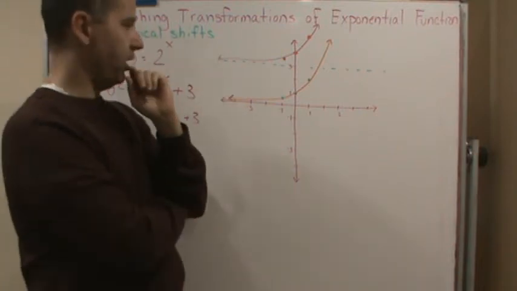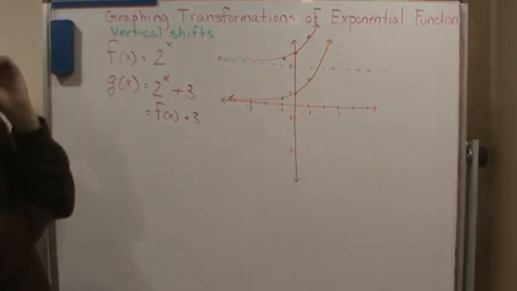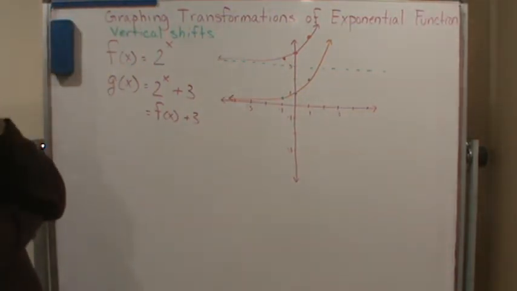For g of x, the domain is the same, all real numbers, but now the range is 3 to positive infinity, not including 3, of course. And the horizontal asymptote is now y equals 3.